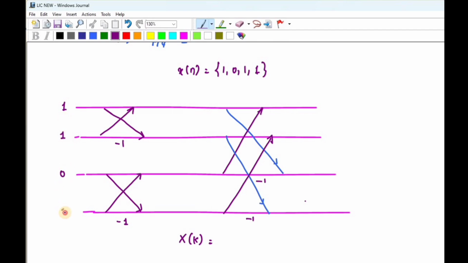So this is my answer. If I add, I will get 2. If I subtract, I will get 0. If I add, I will get 1 and this is minus 1. So 2 plus 1 is 3. 0 plus i is i. Then 2 minus 1 is 1. Then 0 plus i is i, minus i. Okay. So the answer is 3, i, 1 and minus i.